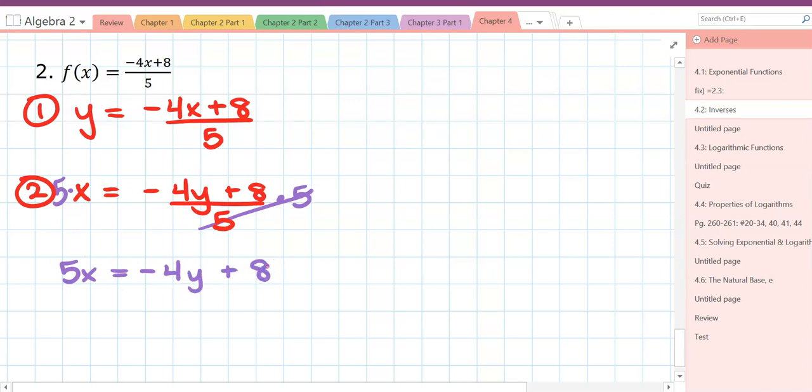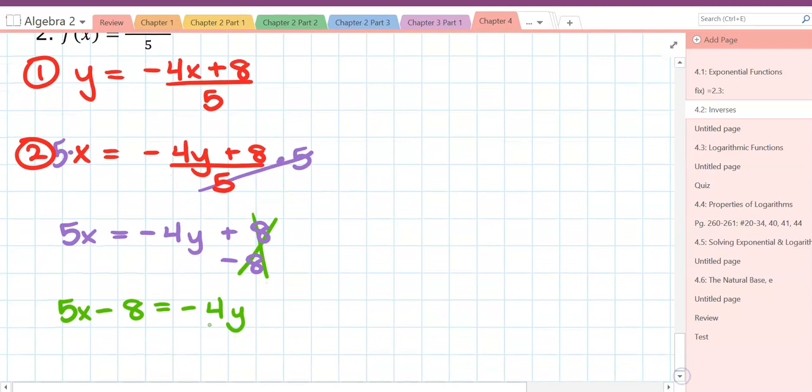What do we do next? It already has plus 8, so subtract it. So now it says 5x minus 8 equals negative 4y. And then we're going to do what?